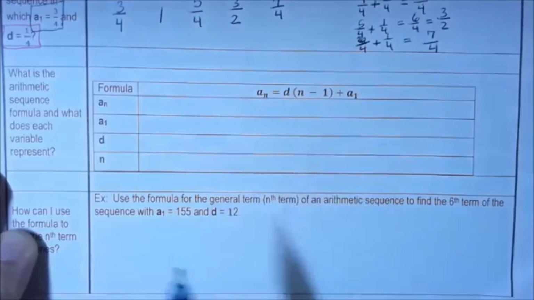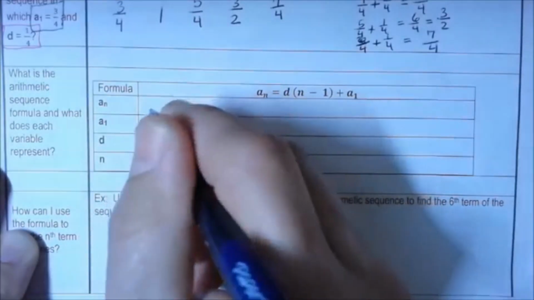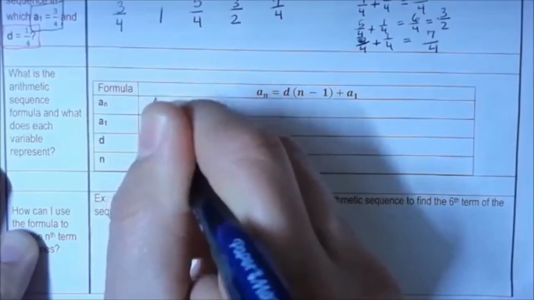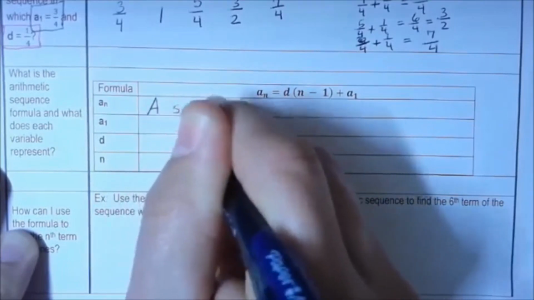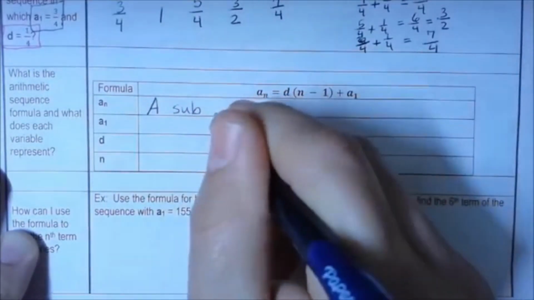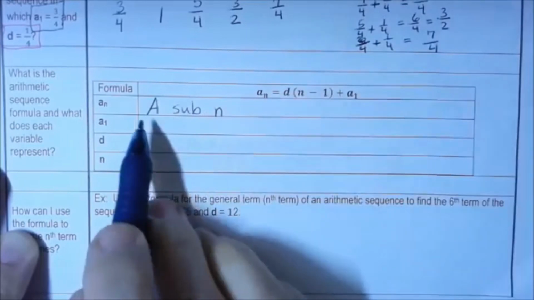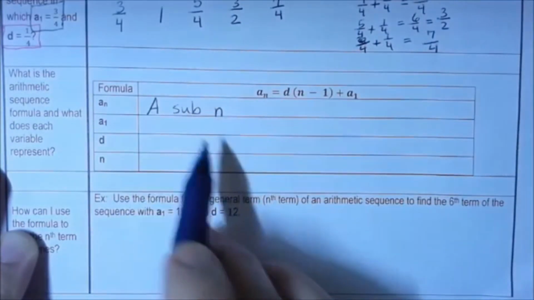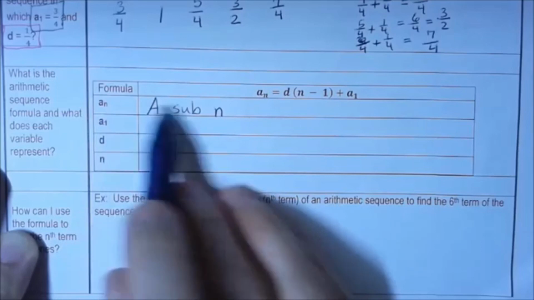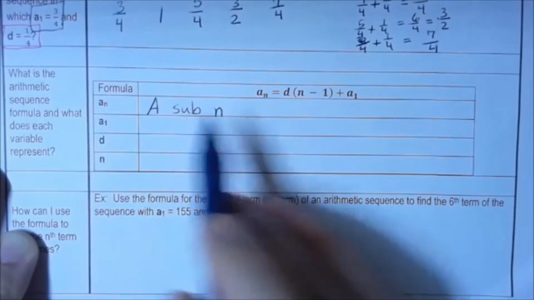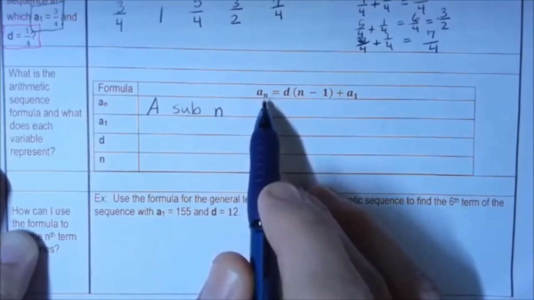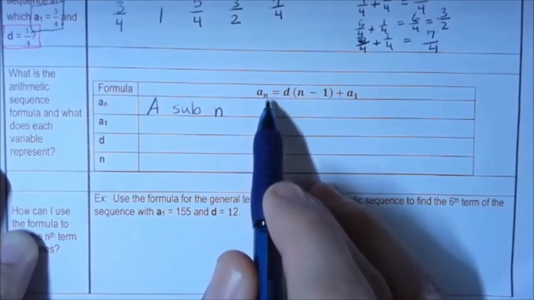Now when I say a sub n, I am actually saying a, the word sub, and then the letter n. If you're wondering, Mr. H, why do we say a sub n? Where does that come from? Well, notice that this n is a little n, and it's kind of down at the bottom of that variable.